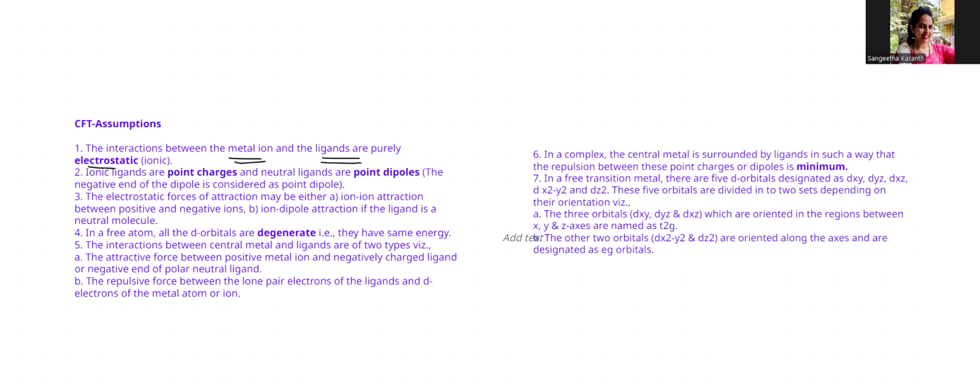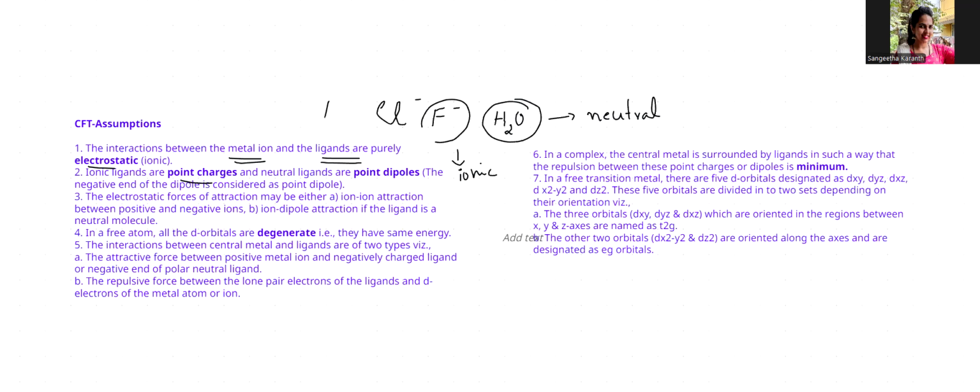Now, when we are talking about ligands, I hope you remember the examples of the ligands. We have F minus, we have H2O, which is the aqua ligand. So this F minus is an example of an ionic ligand, whereas this aqua ligand is a neutral ligand, right? It is not having any charge. Now, ionic ligands are point charges. For example, F minus or Cl minus, CN minus, there are so many different ionic ligands which we have already discussed, right? These are considered as point charges, whereas neutral ligands are point dipoles.